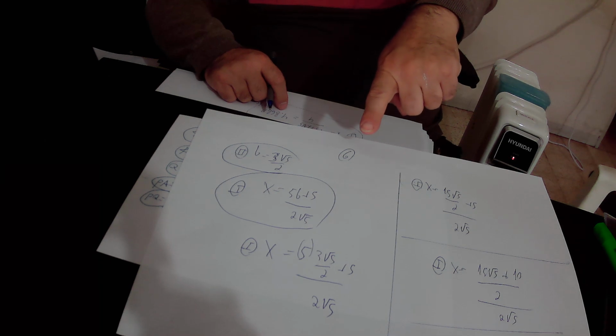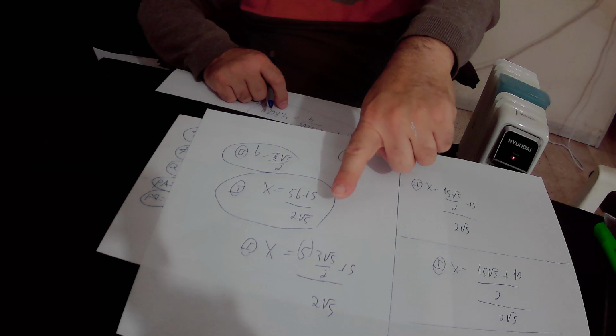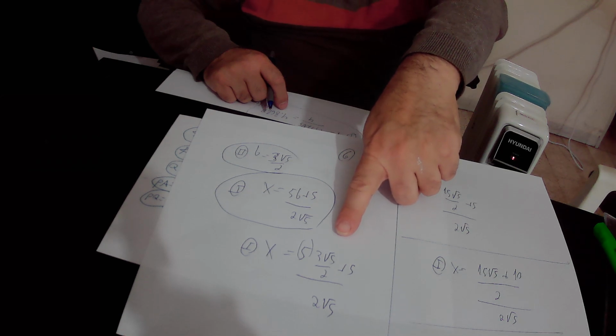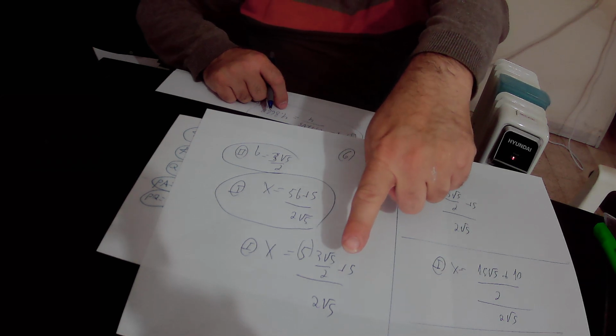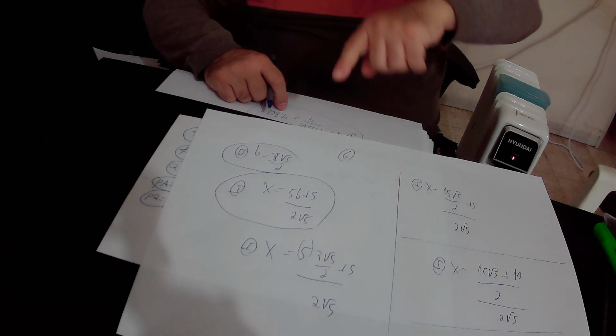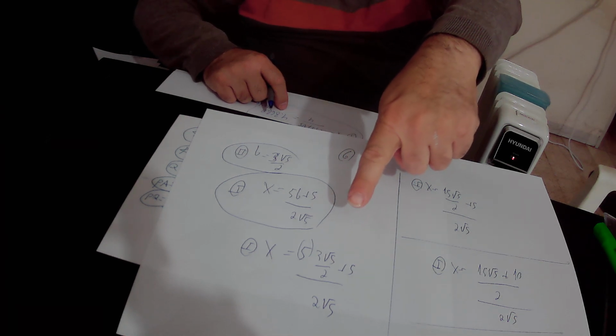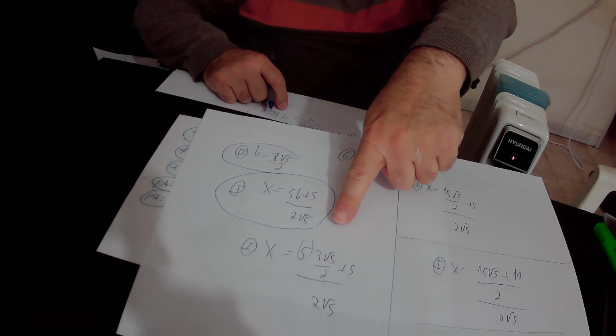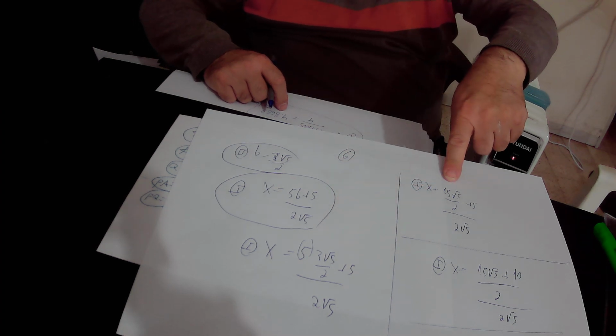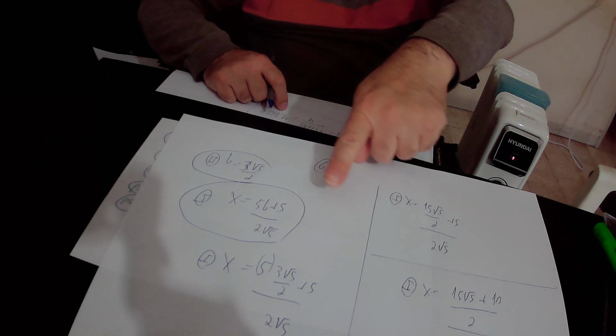We did it and found out that according to equation number 1, x equals 5b, and b is 3 times square root of 5 over 2, plus 5, over 2 times square root of 5. 5 times 3 is 15, so this expression equals in total 15 times square root of 5 over 2 plus 5.